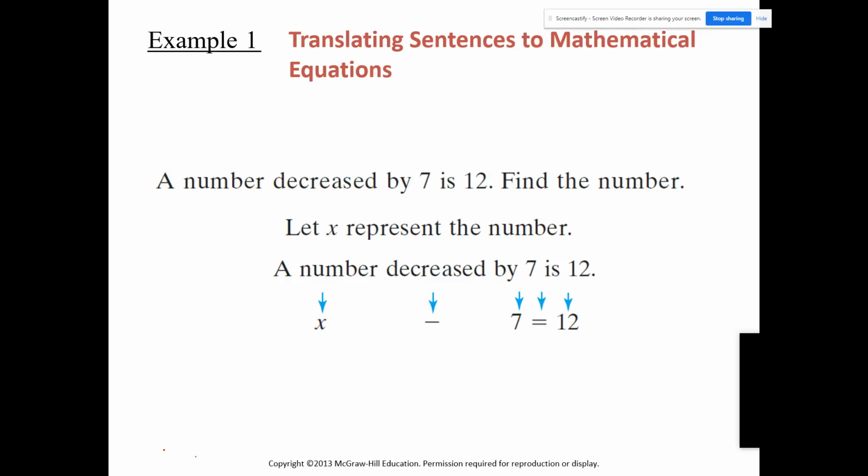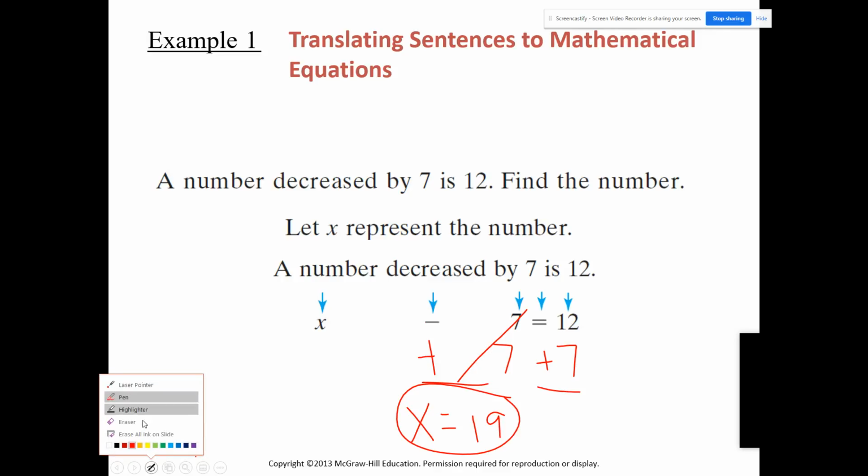All right, so now if we're going to solve it, we want to do the opposite. We're going to add 7 to both sides. These cancel out, and we get X equals 19. And that would be your final answer. So like I said, you're not actually writing out each step from the flow chart. It kind of just flows naturally.